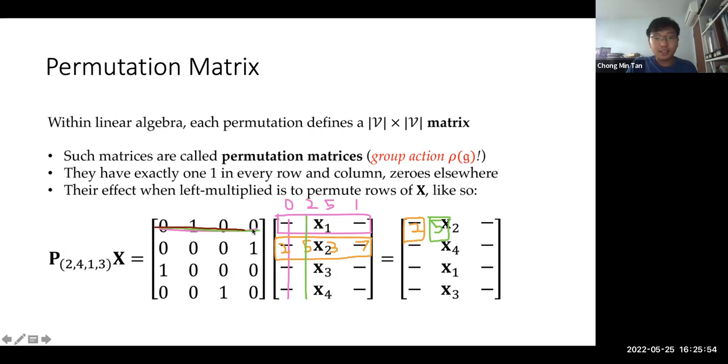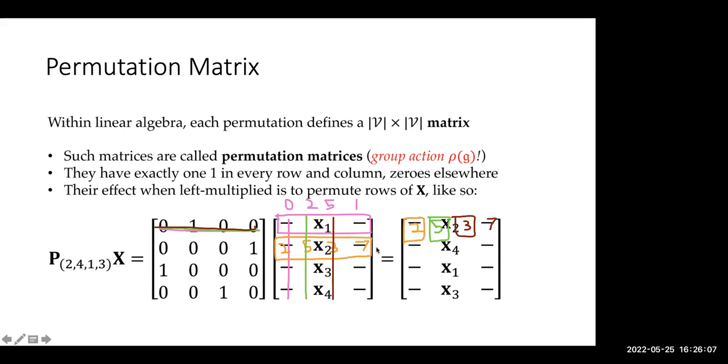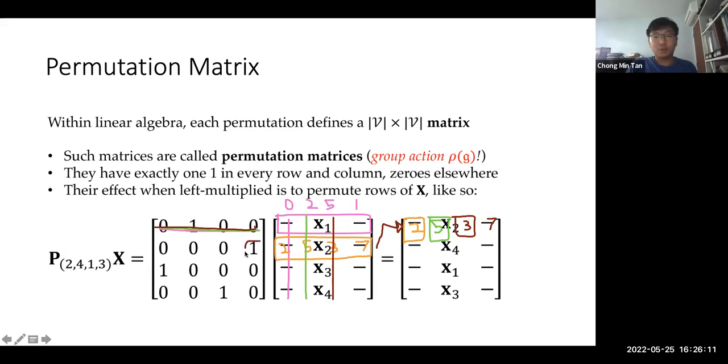Then this line multiplied here, you get a 3, and the last one will be a 7. So essentially, if you apply this matrix, it's like swapping the rows. Similarly, for the second row, it's taking x4 because this one is at the bottom.